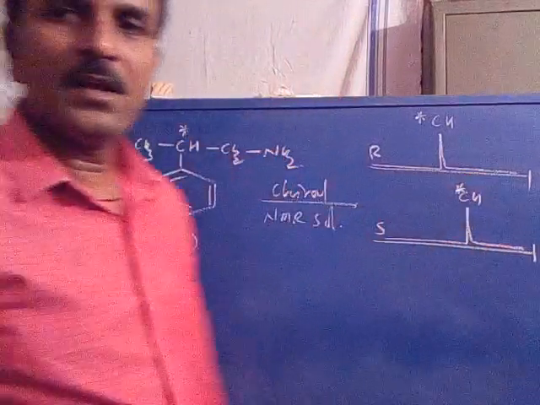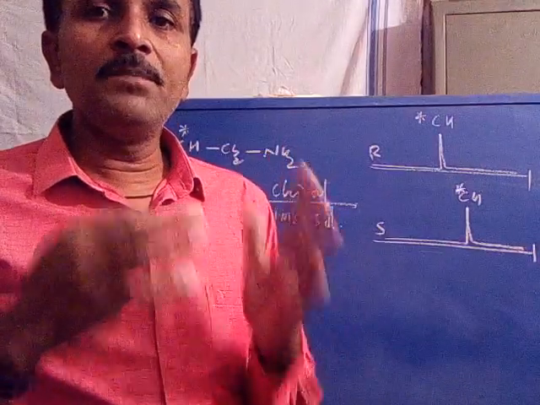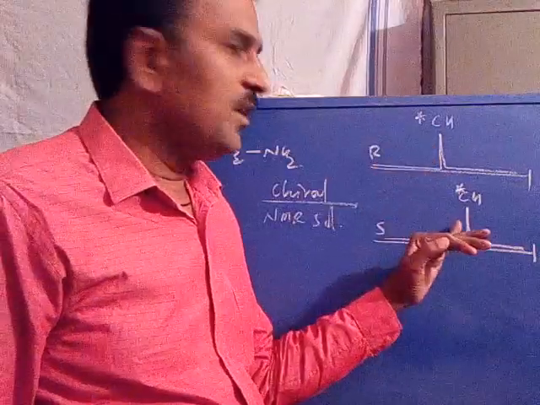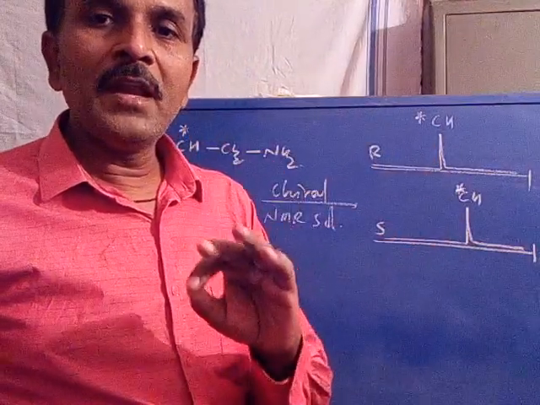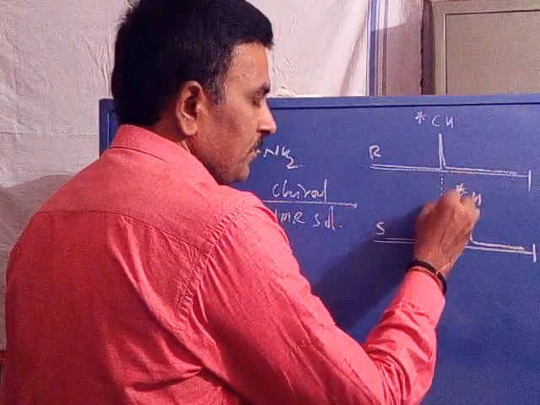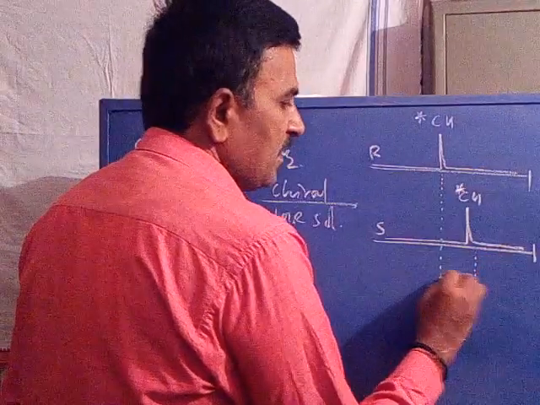In between the absorption frequency of the CH proton of R isomer and the CH proton of S isomer, there is a 0.18 ppm frequency difference. This is the difference.